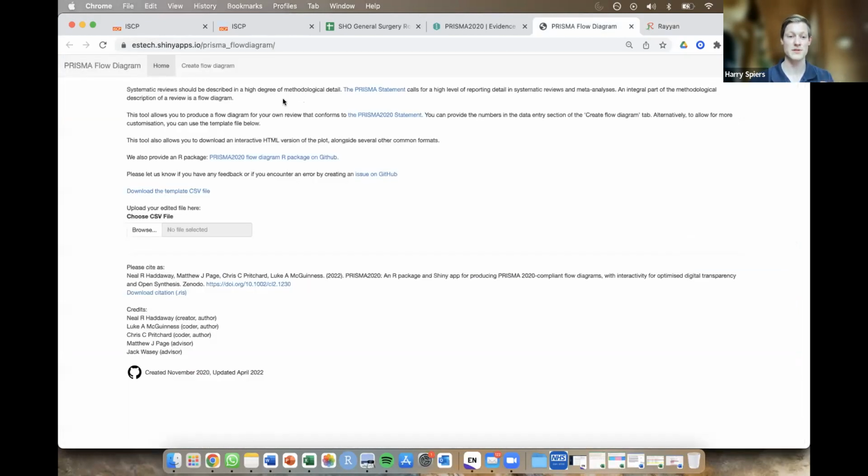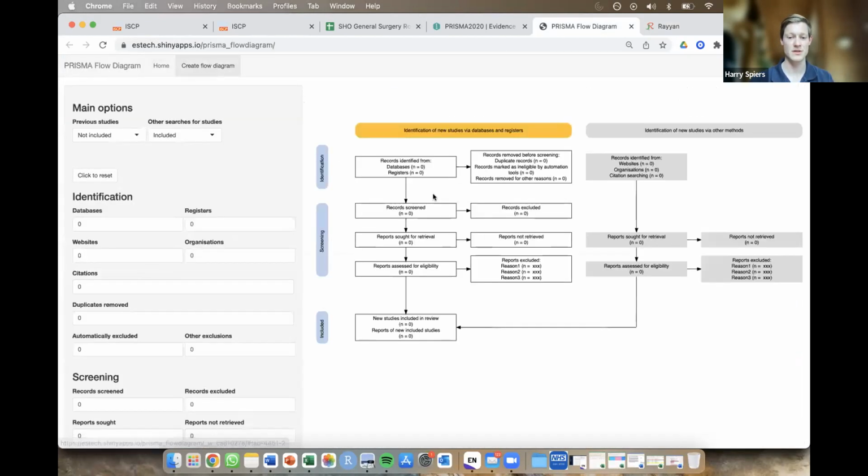And when you look at your Prisma flow diagram, again, you can give reasons at this point. So as part of your Prisma diagram, you'll be able to give reasons for why you've excluded articles and the number you've excluded. So I would highly recommend using Rayyan as part of your work. It's made my life much easier.